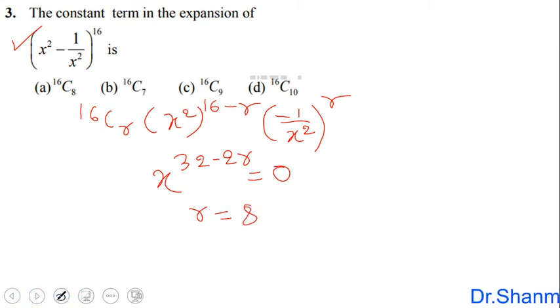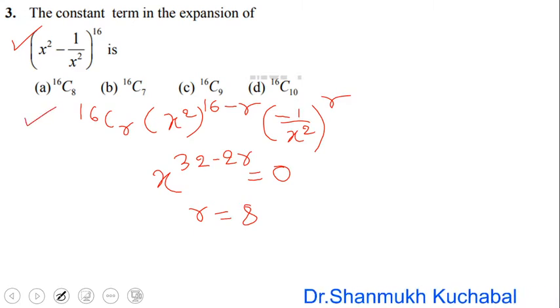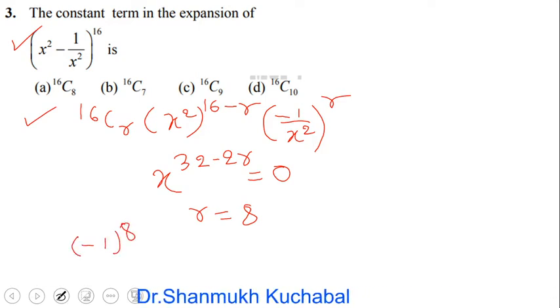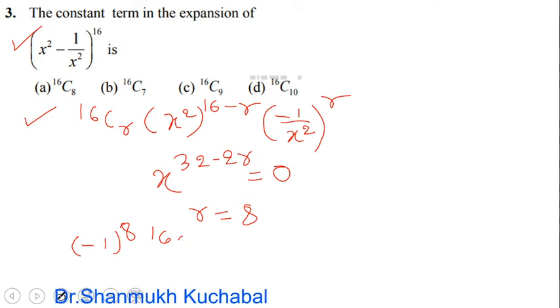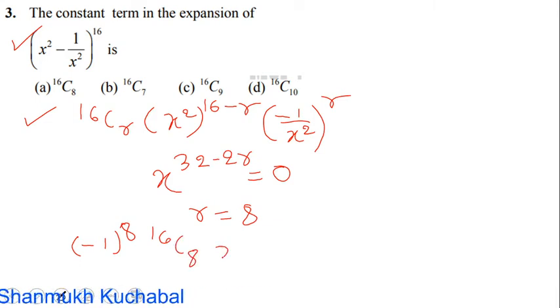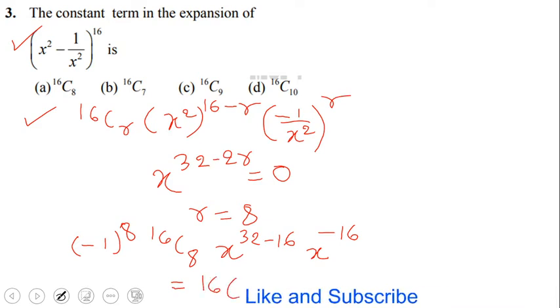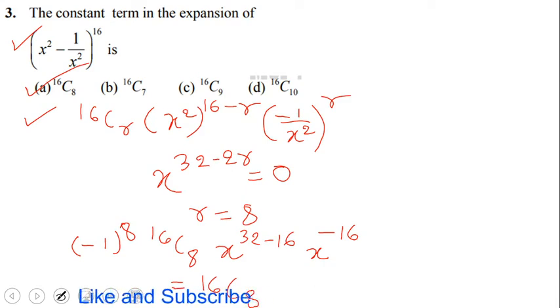This r value we substitute in the expression, so we get minus 1 raised to 8, 16C8, x raised to 32 minus 16 and x raised to minus 16. Simplifying, minus 1 raised to 8 is plus 1, so we get 16C8. So clearly option A is the right answer here.